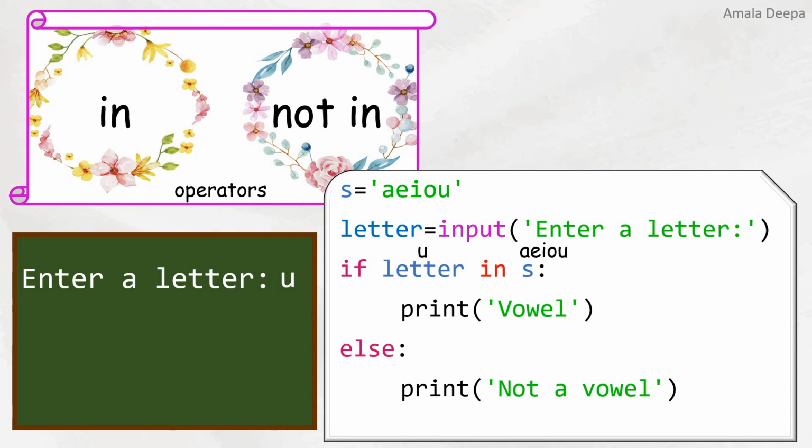If letter in S, that is, whether U is present in AEIOU, yes, it is present. So this condition, letter in S, will now give the result as true. So if the condition is true, then the print statement, print vowel, will execute. So you will get the output as vowel. I will run the same snippet again.